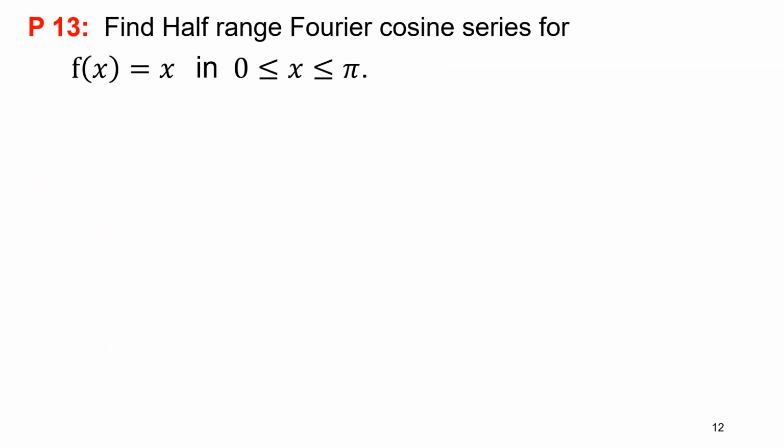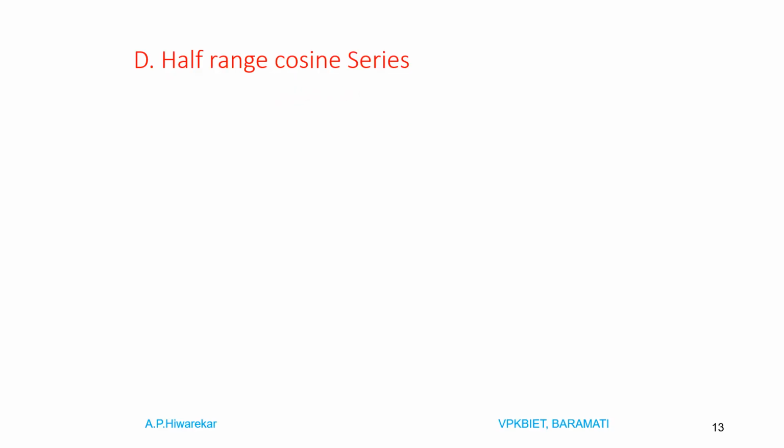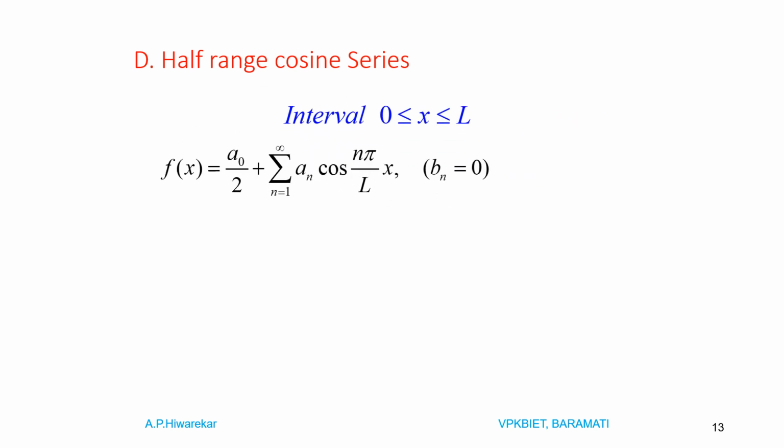So the next problem is to find the half range series of the function f(x) equal to x in the interval 0 less than or equal to x less than or equal to pi. Obviously we have the interval as 0 to L, then the formula for f(x) is a0 by 2 plus sigma an cos of n pi x by l, where n is from 1 to infinity.